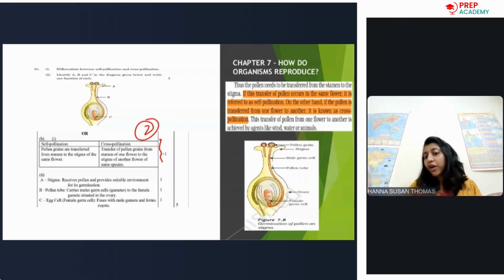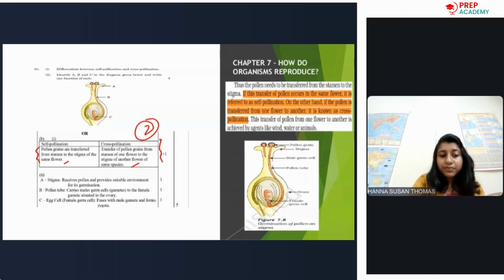If the pollen is transferred from one flower to another, it is known as cross-pollination. And you have to also explain it. In self-pollination, pollen grains are transferred from stamen to the stigma. In cross-pollination, you have to write the transfer of pollen grains from the stamen of one flower to the stigma of another flower. You can also give other differences. It's your choice.